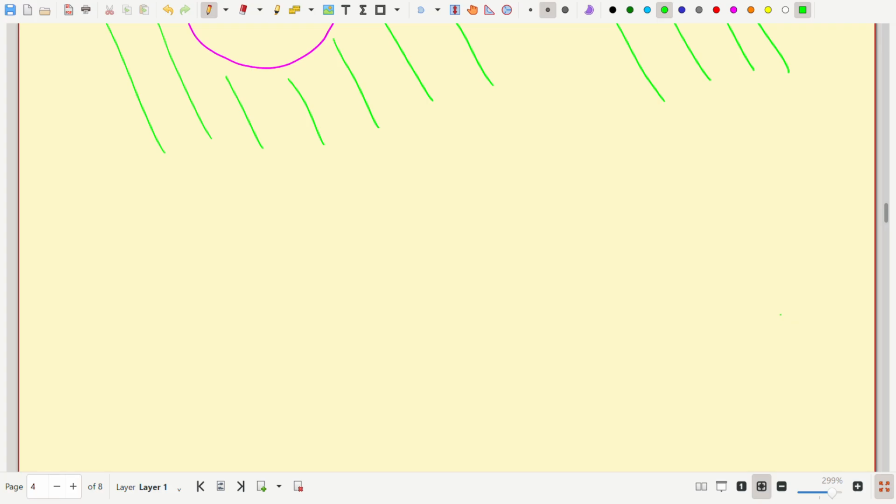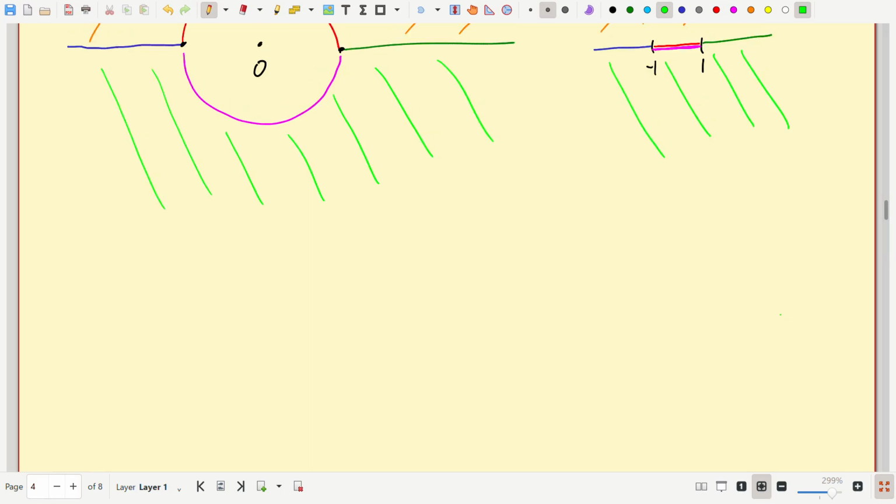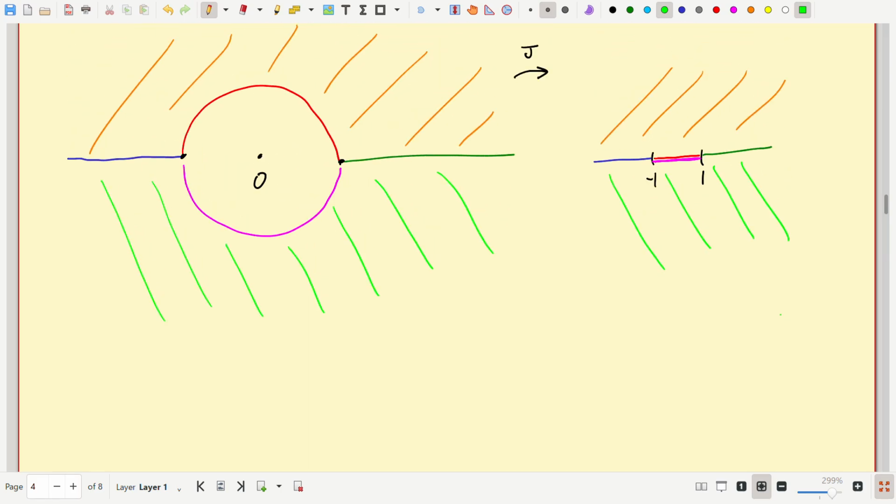And another famous picture is what happens to the inside of that thing. I might as well put it all on the same thing. As this green stuff goes out, it would go out here. And as the blue stuff goes out, it would also go out here.